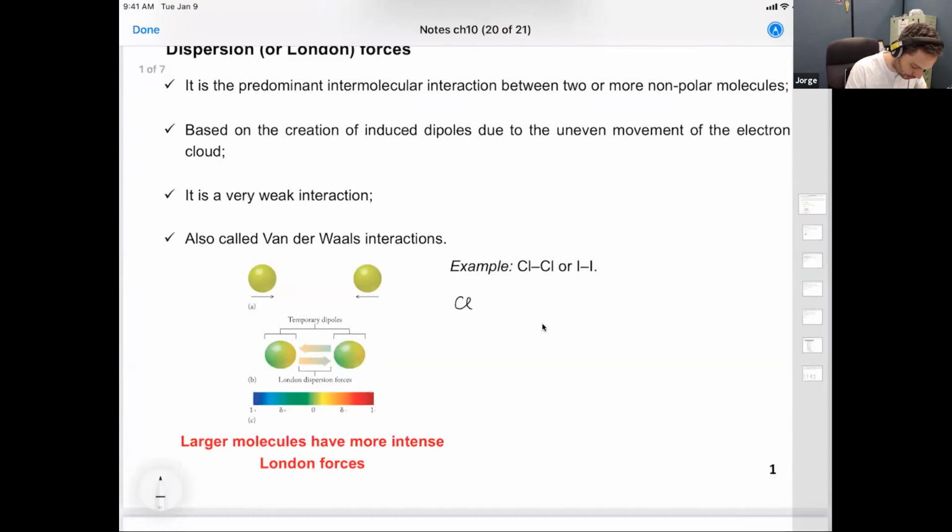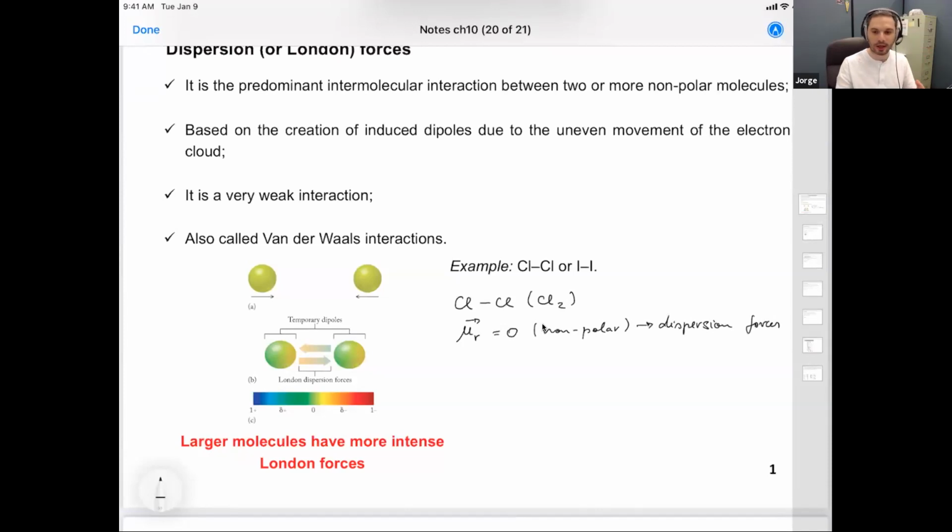So starting here with the Cl2 molecule, okay? Of course, because you have two chlorine atoms bonded in a linear fashion, the resulting dipole moment of this molecule is zero. Therefore, this is nonpolar. And therefore, we have dispersion forces as the predominant interaction.